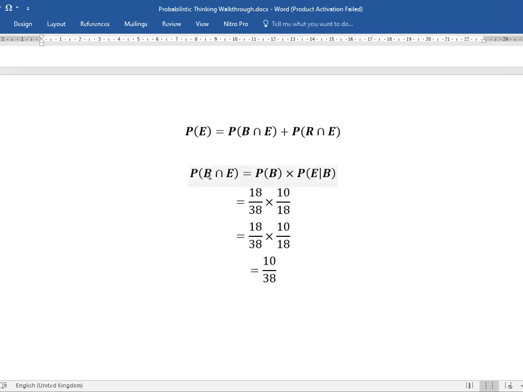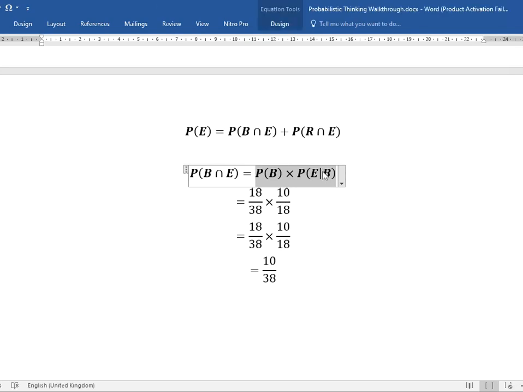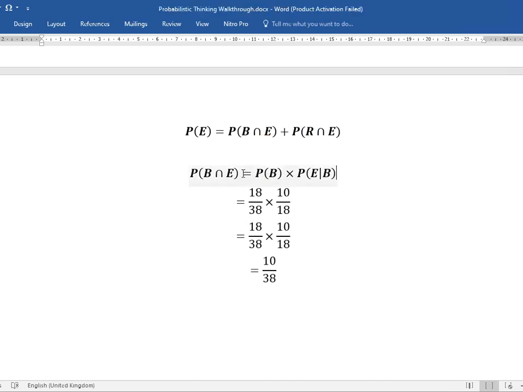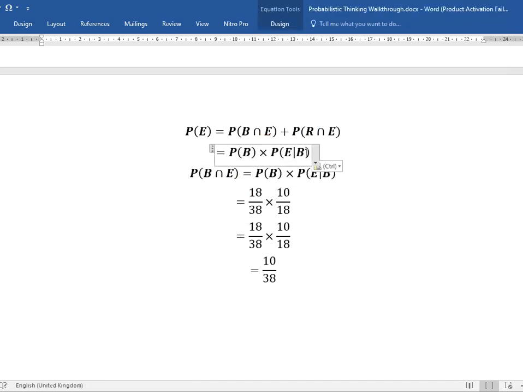And so this is the probability. Now probability of B intersect E is simply probability of this and this. All right. So we are just going to bring that here. Then plus probability of red times probability of E given red, that is E intersect red.